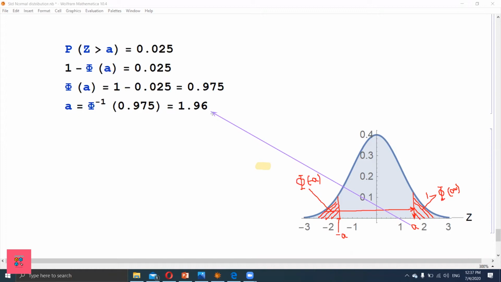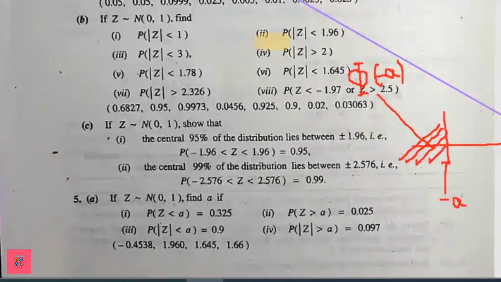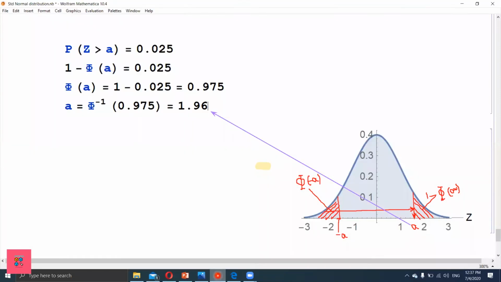Now come to the next part of the question from the book. The next part is the probability of modulus z less than a is equal to 0.9. So again come to here.